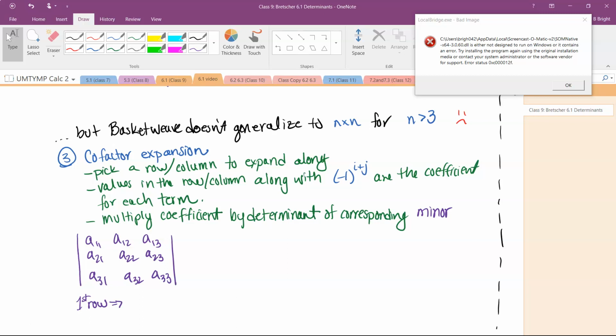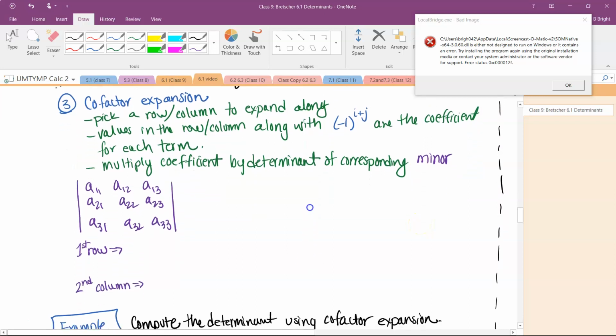And then the values in the row or column are multiplied by (-1) to the i plus j, which is the row and column number of each term, and then you multiply each coefficient by the corresponding minor matrix.